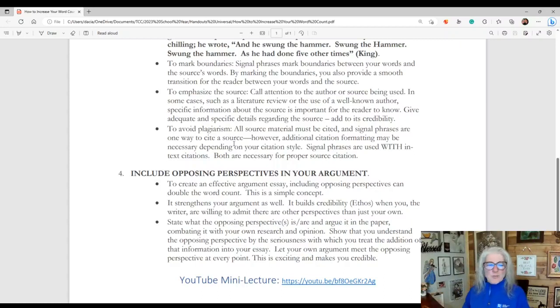Strengthens your argument. It builds credibility, ethos. When you, the writer, are willing to admit that there are indeed other perspectives than your own. If you want to be an effective arguer, you have to be able to admit that there are indeed perspectives other than your own. I mean, we live on a planet with 8 billion people. Very rarely do we actually all believe something similar. So there are going to be people who have opposing perspectives.